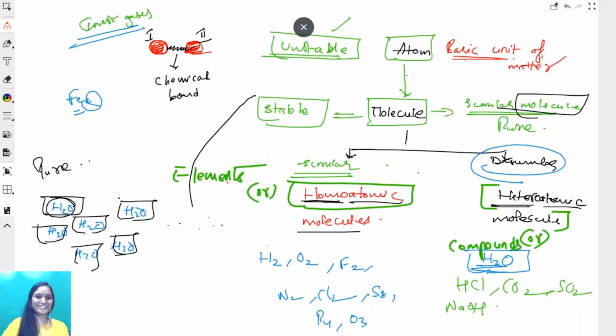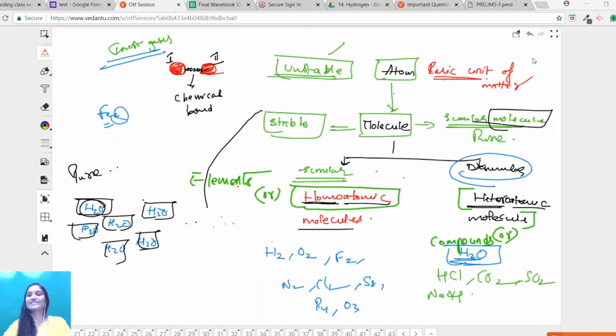Well, as I told you, this flowchart, everything is not a direct part of this chapter, but indirectly, yes, it's a part of our chapter itself. In this periodic classification of elements, we talk about all the elements. We talk about all homoatomic molecules, which are also called elements.